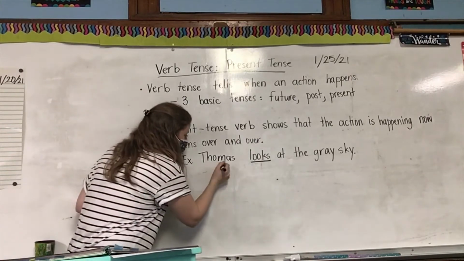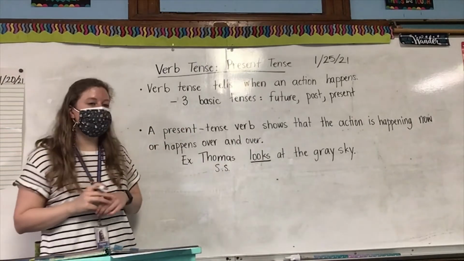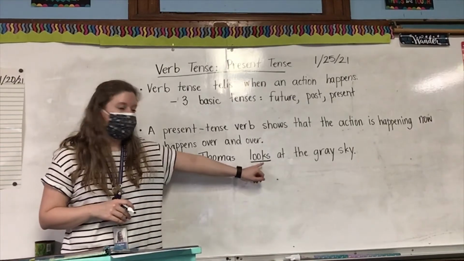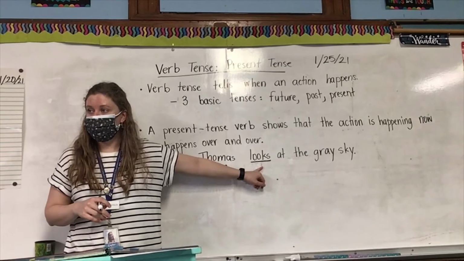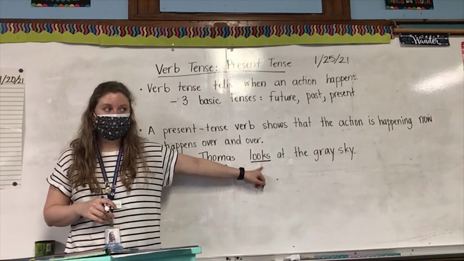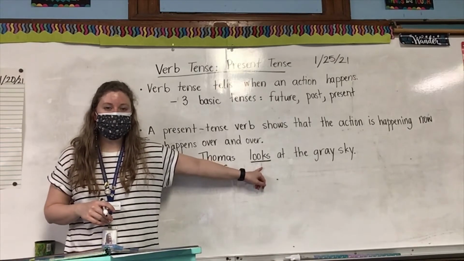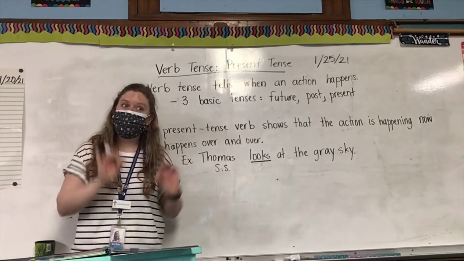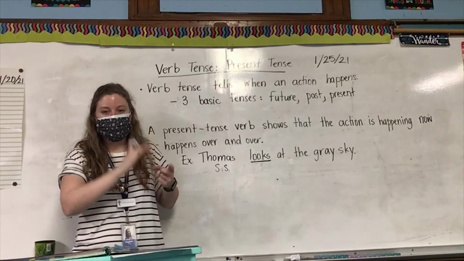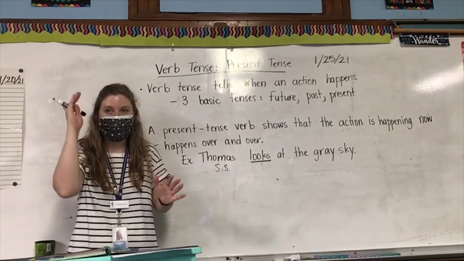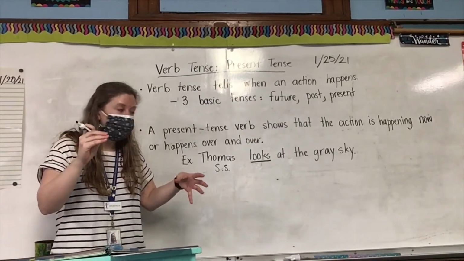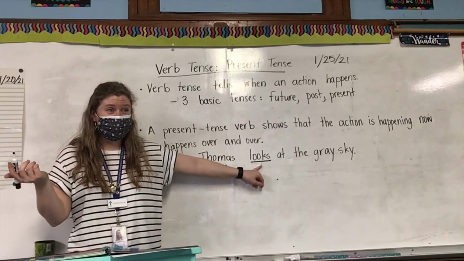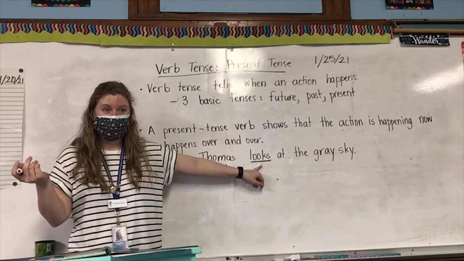Singular. Now, look at your subject-verb agreement notes. If we have a singular subject, what does that mean we do to the verb? We add an S, or an ES if it ends with S, X, Z, CH, or SH. Because we know verbs in the present tense follow the same rules as singular and plural nouns.